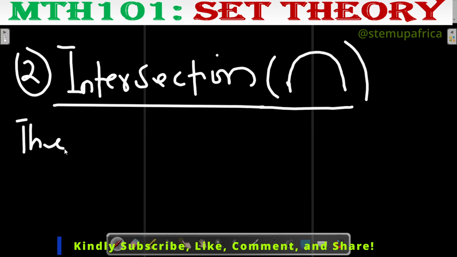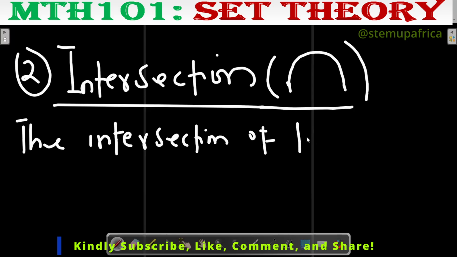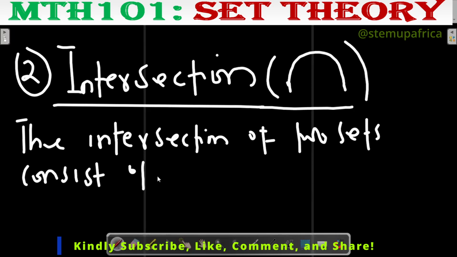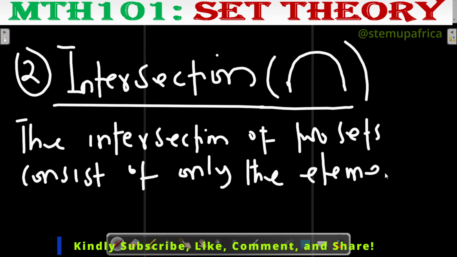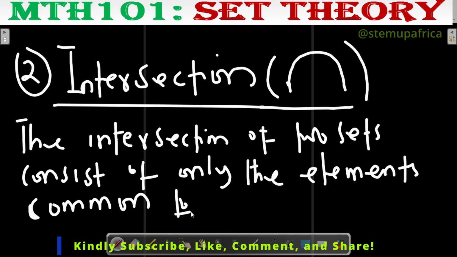The intersection of two sets consists of only the elements common to both sets.